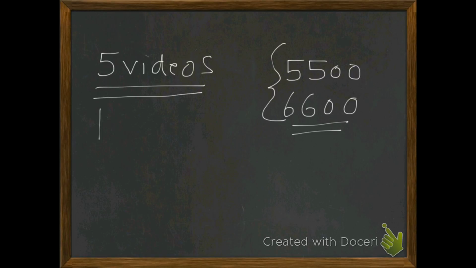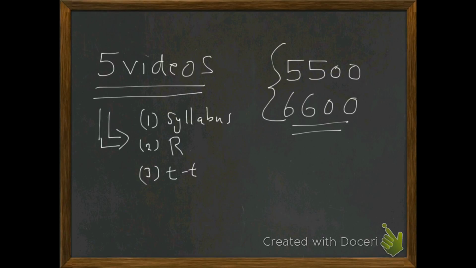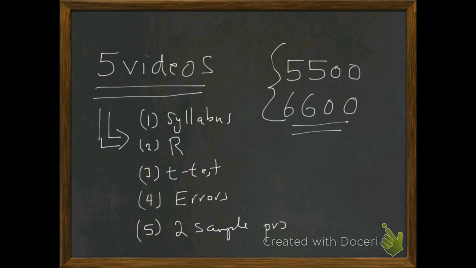So 5500 people, so far you have a video on the syllabus, an intro to R, and this one, which is a t-test. The fourth one will be errors and power, and the fifth one will be two sample problems. So fun, guys. Have a good one.